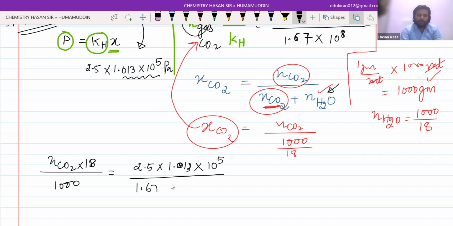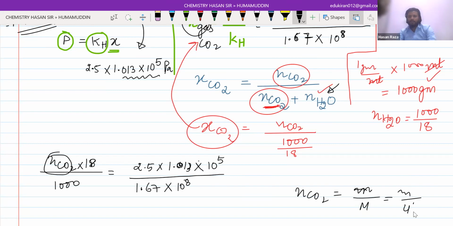Okay. And from here you can calculate the number of moles of CO2, and after getting the number of moles of CO2 you can apply given mass upon molar mass, and we need to calculate this given mass. And molar mass, you know that molar mass is 44. So you can do this.